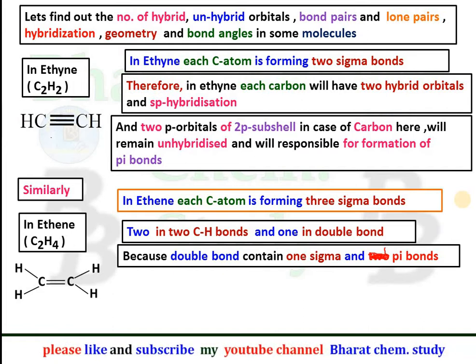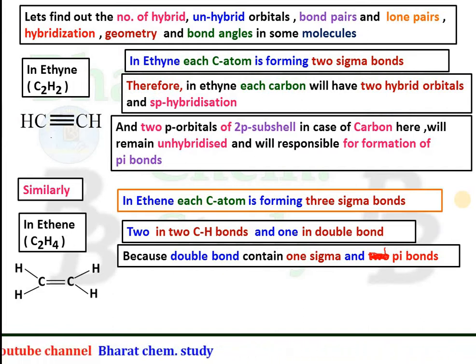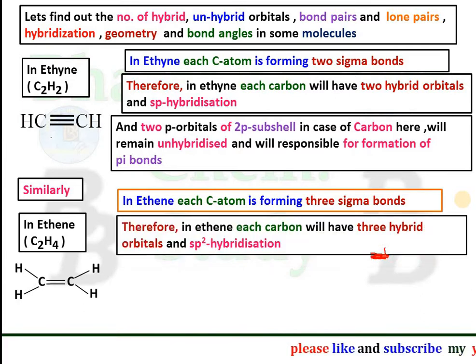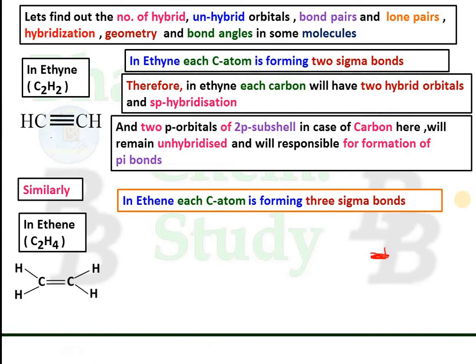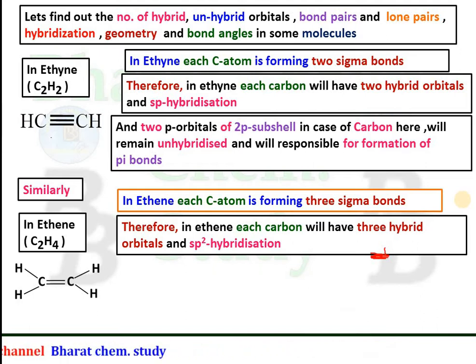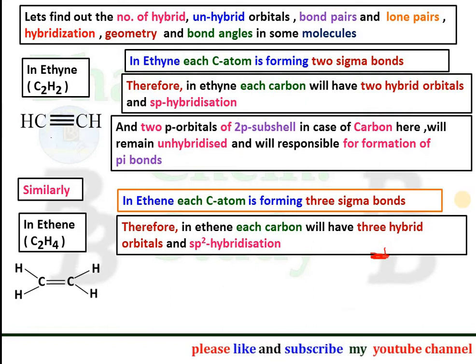Therefore the total number of sigma bonds on a carbon atom in ethene is 3. Therefore it has 3 hybrid orbitals, and the hybridization will be sp2 in the case of ethene.